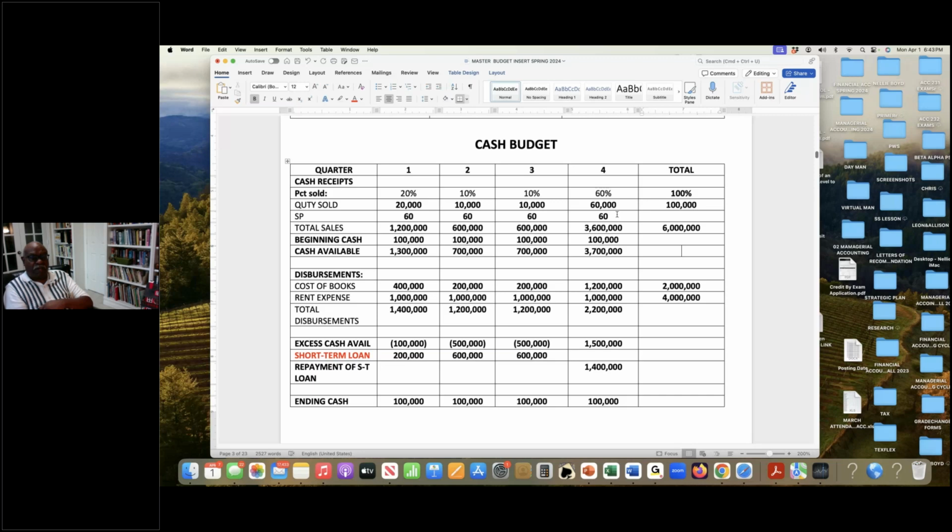Your disbursement, your cost of books sold and rent expense was 2,000,004. And so all you have is 100,000 because that's what you started with, and you broke even. Any questions?